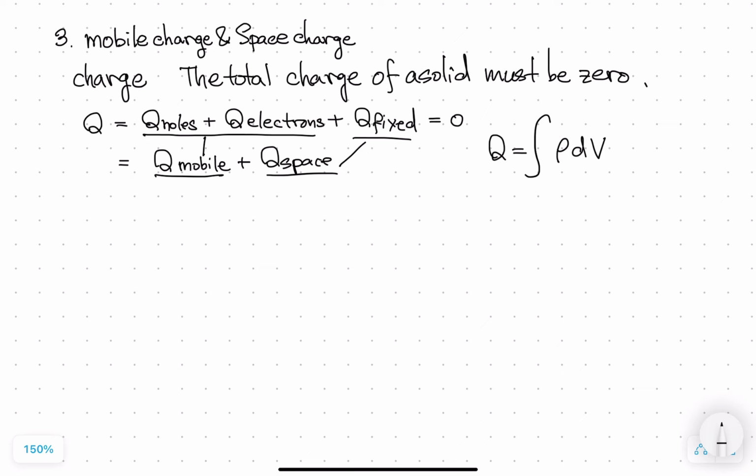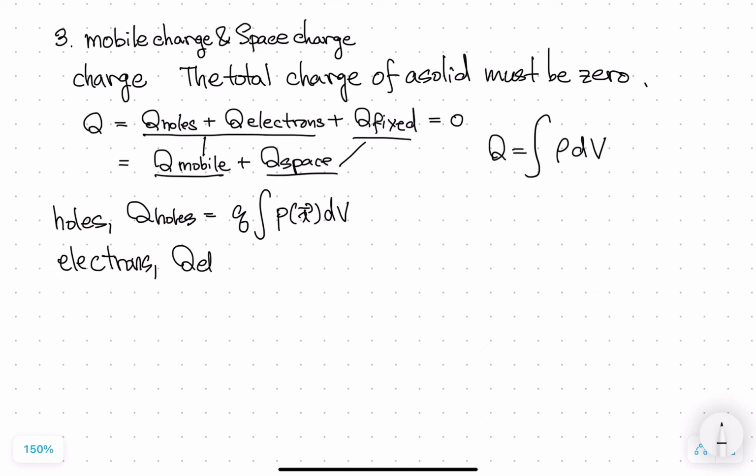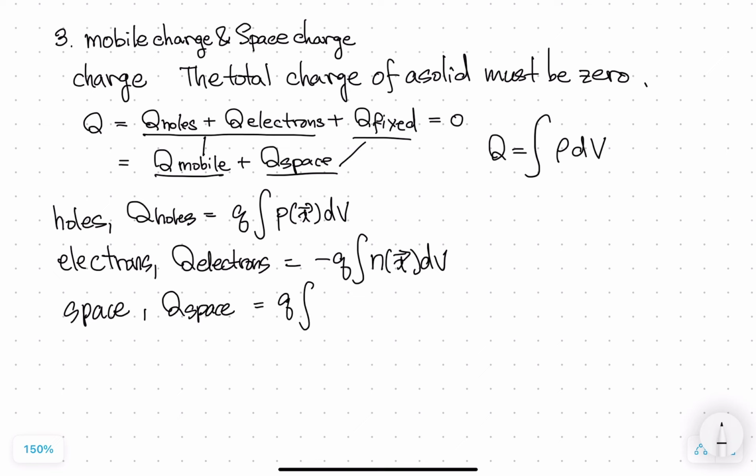integral rho dV, so that means for holes, Q holes equals q integral p(x) dV, and for electrons, Q electrons equals minus q integral n(x) dV, and fixed charges, which are called space charges, Q space equals q integral of Nd plus (x) minus Na minus (x) dV.